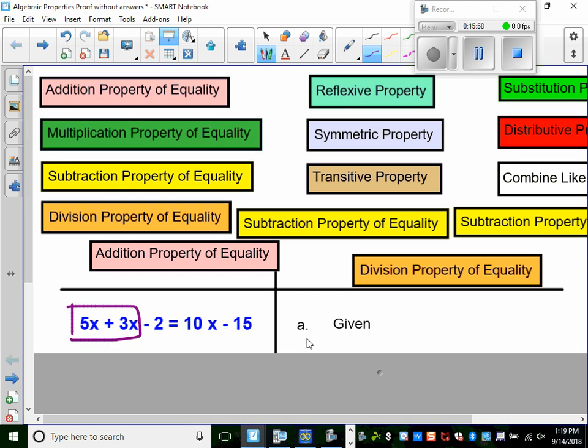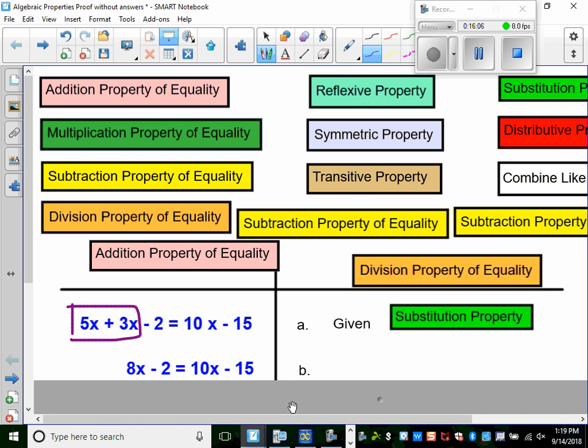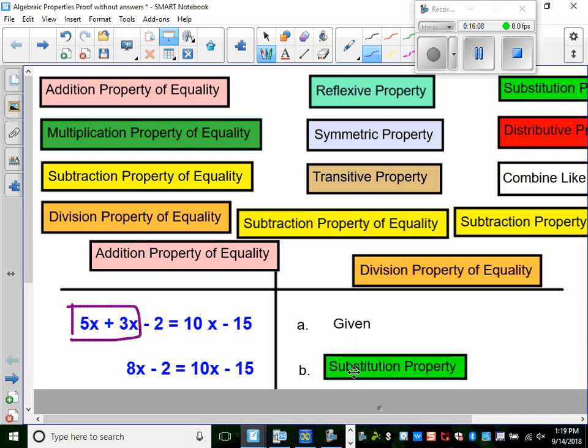We are just getting an answer. So when somebody said it, substitution. All right, so we're going to pull this down here. So when we actually say combining these like terms together equals 8x, that is called the substitution property. Okay, so I'll give you a chance to write that down. Okay, that's the substitution property.